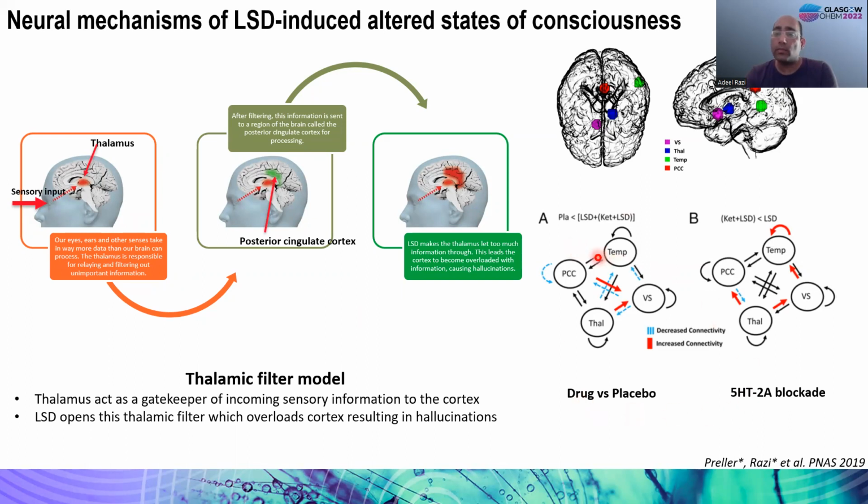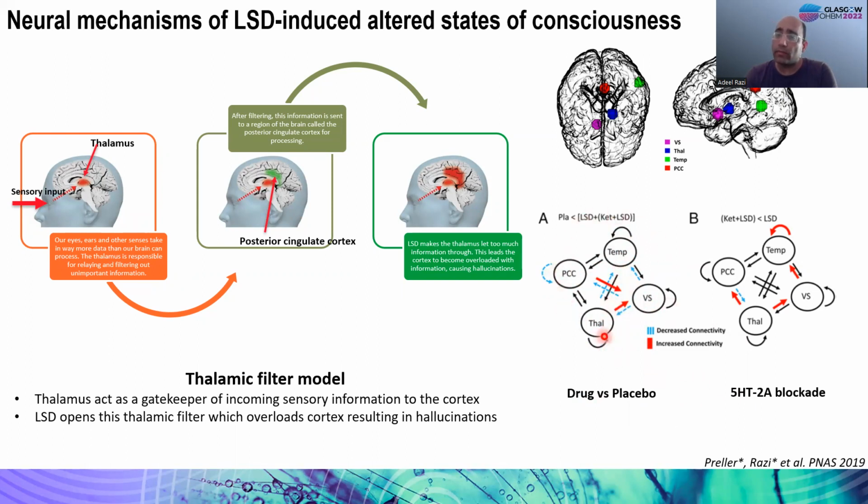So using this model, we showed that in these chosen ROIs, there was increased connectivity from the thalamus to the ventral striatum and from the PCC to the ventral striatum, while there was decreased connectivity from the ventral striatum to the thalamus and also from temporal areas to the thalamus.